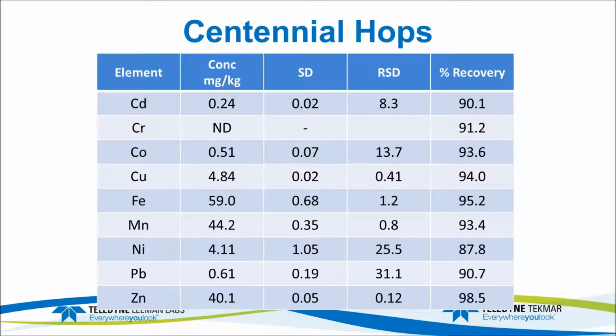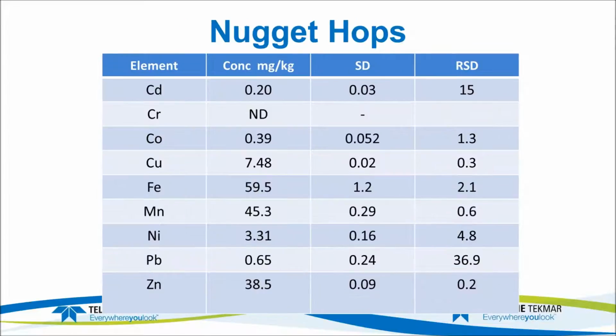So the iron and the manganese were a bit higher than everything else. So we modified the spike recovery standard, I think to about a half ppm or so. So this is fairly typical results, we think, with good recovery. We did have higher manganese and iron than we had expected. So these are the results for the Centennial.